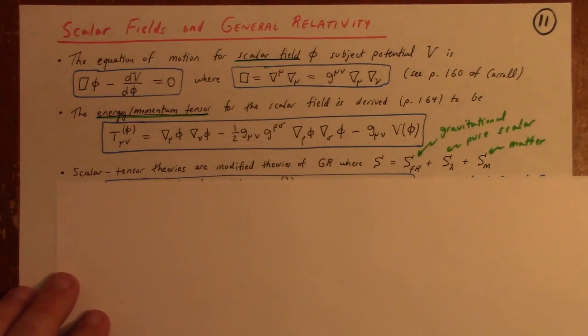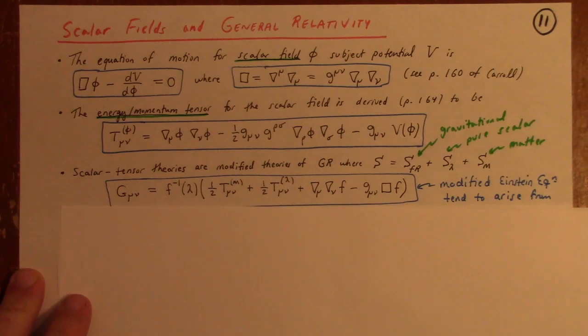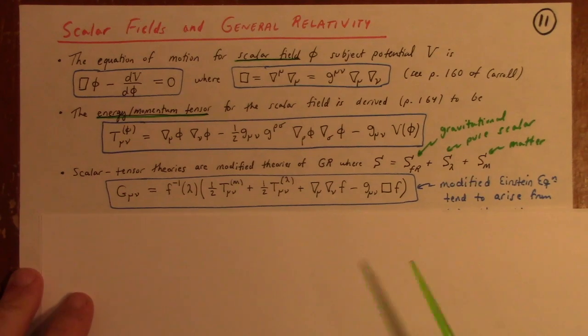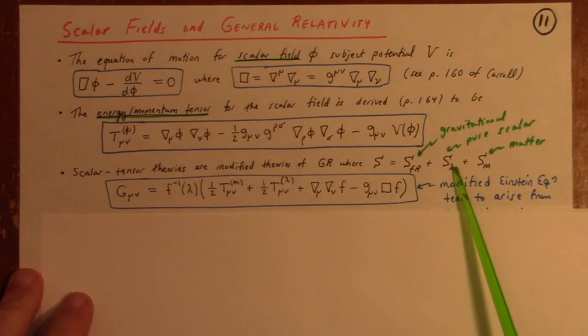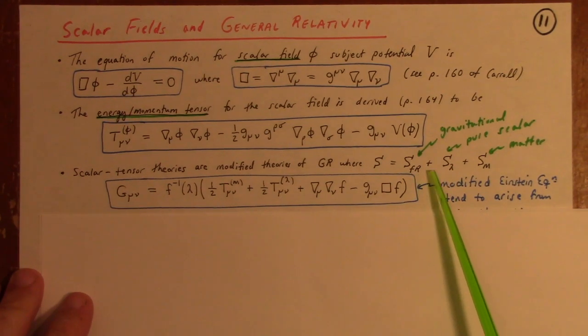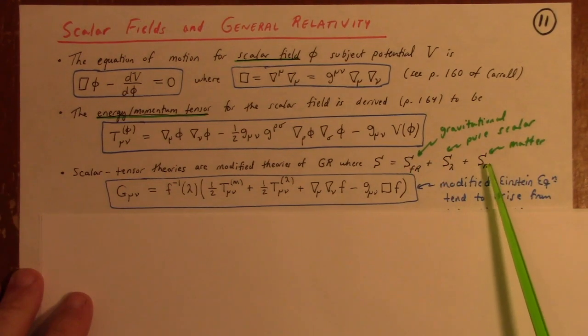So if nothing else, scalar fields are important to understand in terms of modifying relativity. And so there's a whole family of these things called scalar tensor theories. And basically you've got these two extra terms, the function f times R, and this pure scalar piece, and then the matter piece in the action.